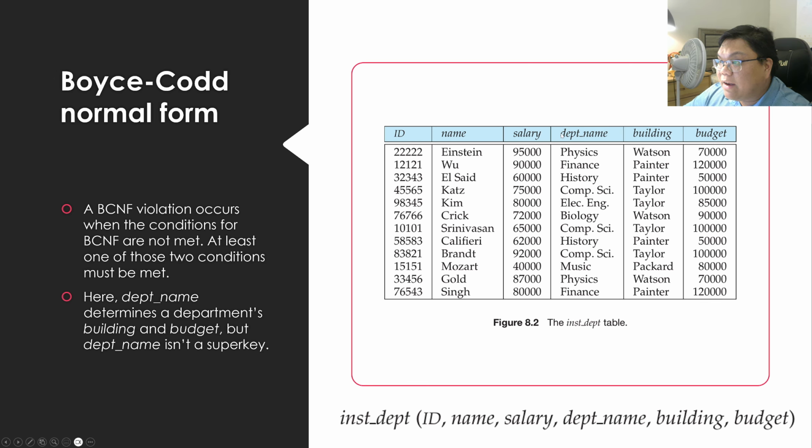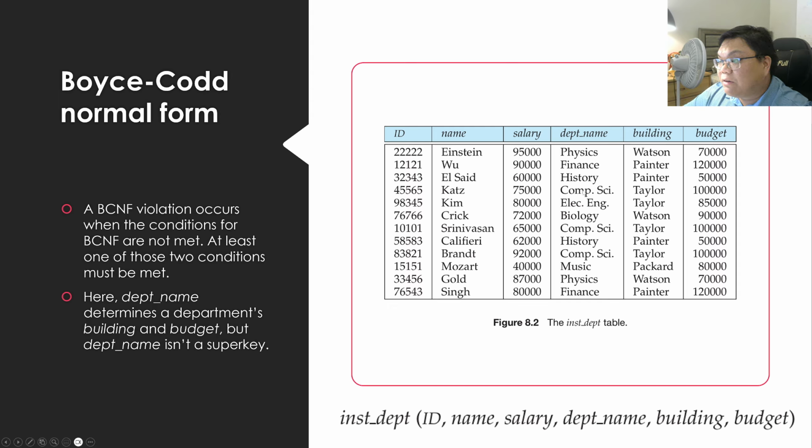But we cannot use the department name as a superkey because in this table we have department names being repeated. And for a set of attributes to be a superkey, those attributes alone must be enough to uniquely identify every row in the table.